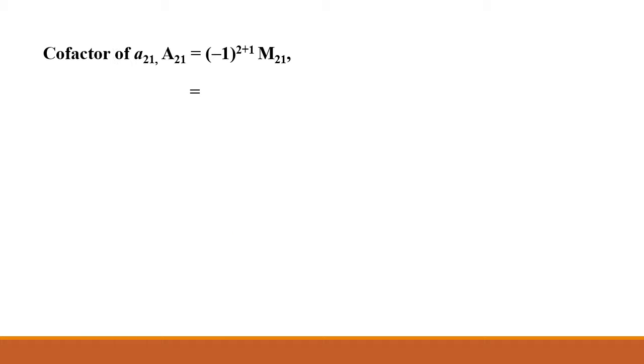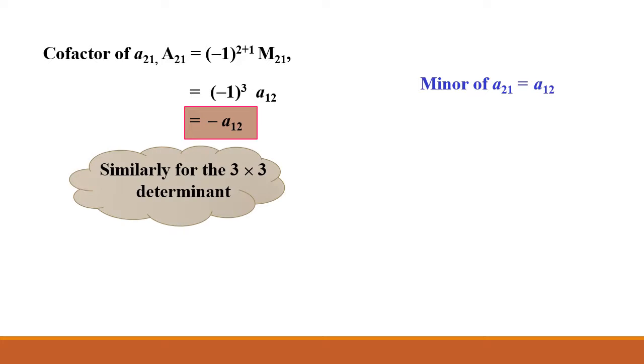Next, similarly, the cofactor of A21 will be capital A21, which is equal to minus 1 raised to 2 plus 1 M21. So the minor of A21 is A12. So minus 1 raised to 3 A12. Minus 1 raised to 3 gives a negative sign. So minus A12 will be the cofactor of A21.